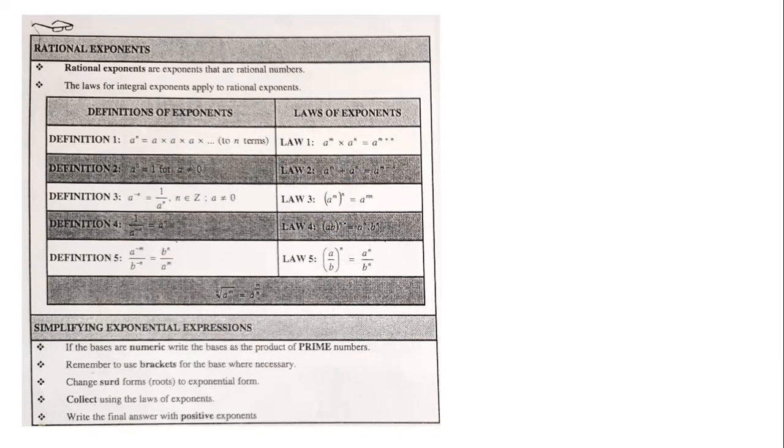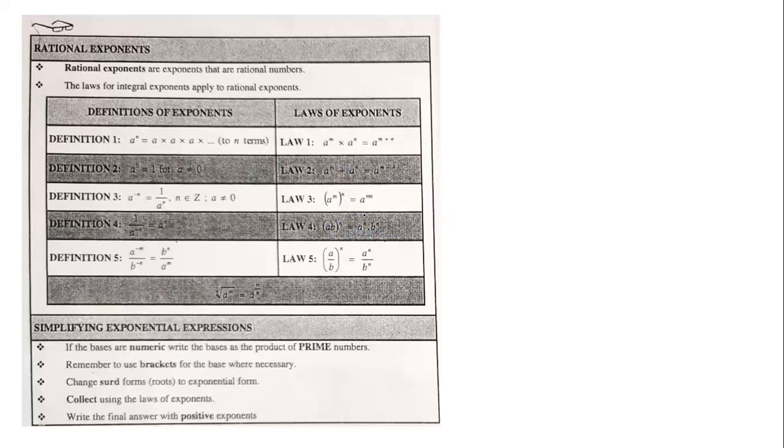We can simply distribute this exponent to each and every base by applying law number 3, doing multiplication. And then law number 5 is the same as law number 3. But you need to understand that law number 4 goes hand in hand with law number 1, because at the end of the day, you are multiplying the exponents.